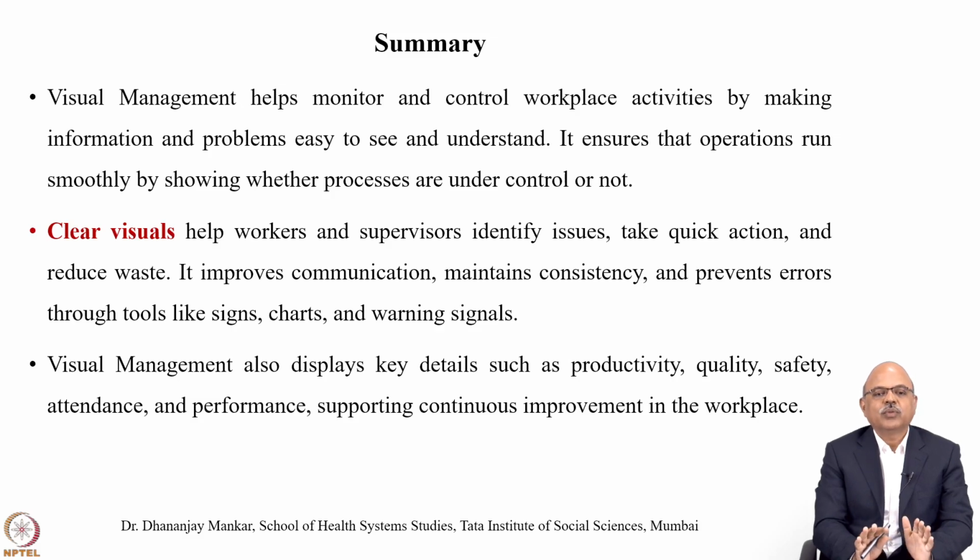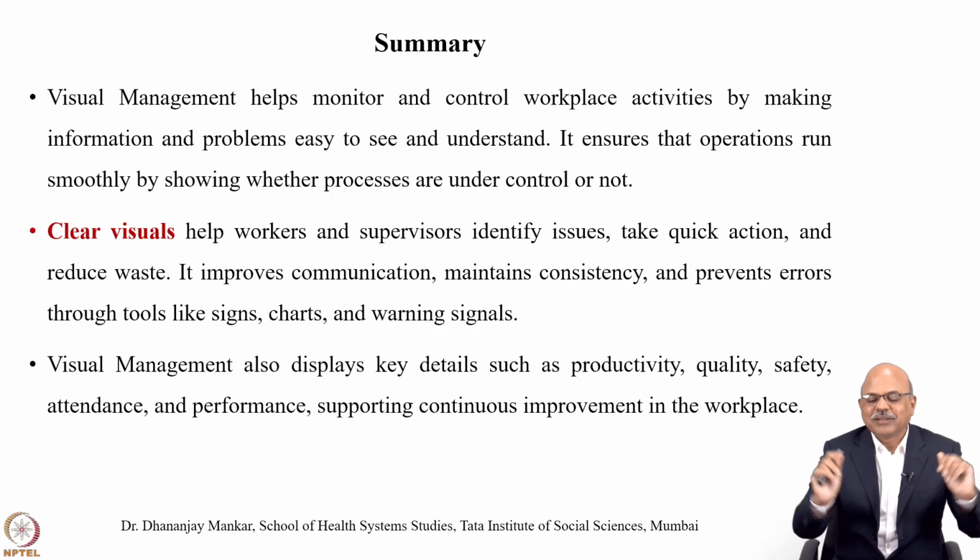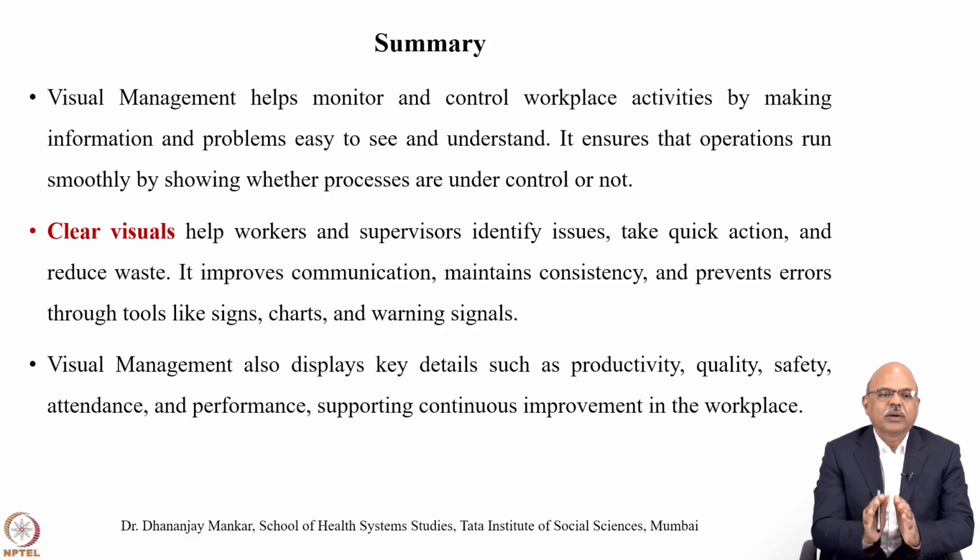Clear visuals help workers and supervisors identify the issues. They can take quick actions and reduce waste. It improves communication, maintains consistency, and prevents errors through tools like signs, charts, and warning signals. At every place, signs, charts, and warning signals can give you visual management's maximum benefits.